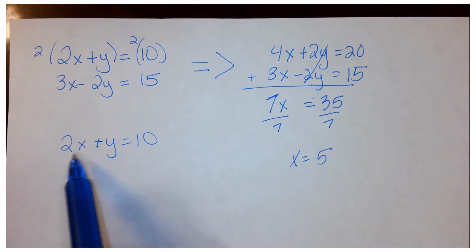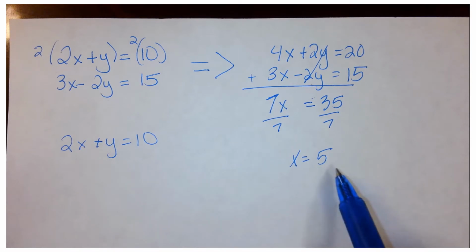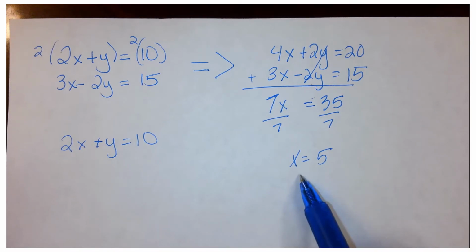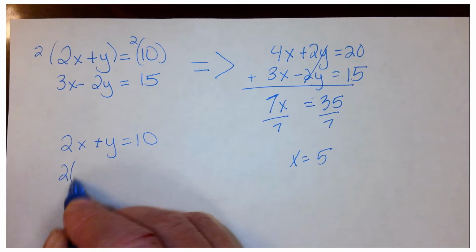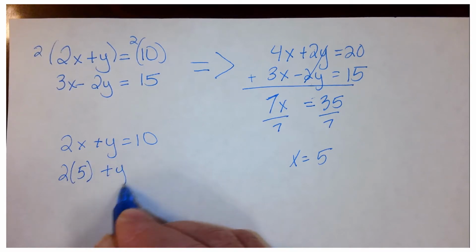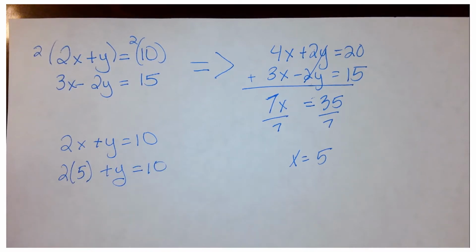So we're going to multiply here and plug in 5 for x. I've got 2 times 5 plus y equals 10. So here I get 10 plus y equals 10. And subtract 10. I get y equals 0.